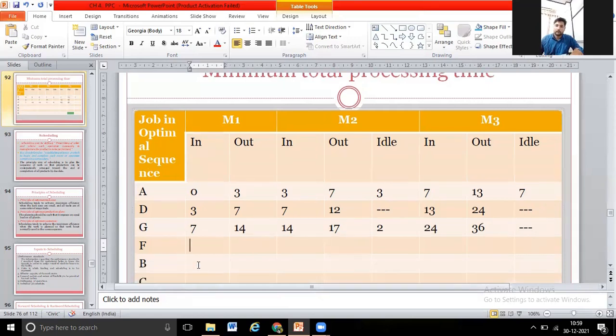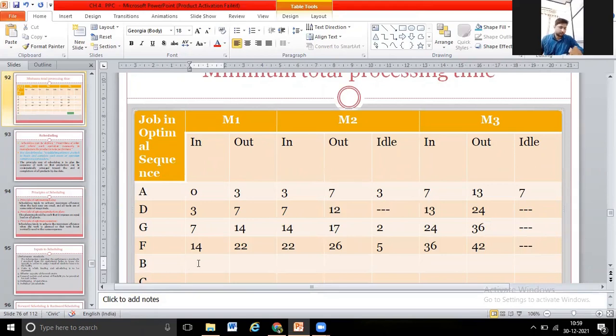Then for the F job, 14 hour in time, 22 hour out time. Then 22 hour in time, 26 hour out time, then 5 hour idle time. Then 36 hour in time, 42 hour out time, no idle time.